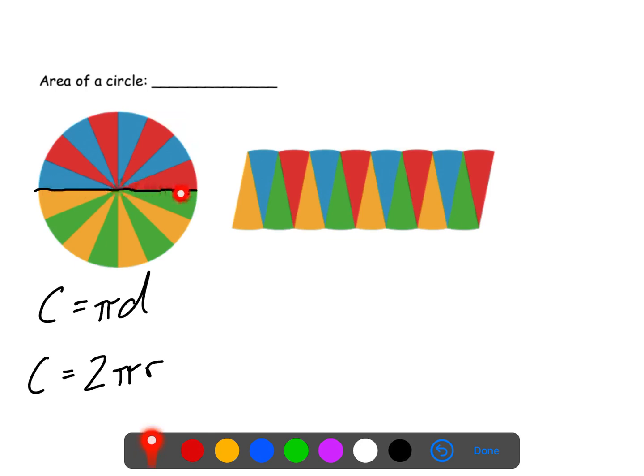So we would find the diameter and we would multiply by our constant of proportionality to get the circumference. If we look at it this way, what we're doing is we're taking our constant of proportionality times the radius, which would be half of the diameter, and then we just need to take 2 of those so that we can get the full distance across the circle and the full circumference.